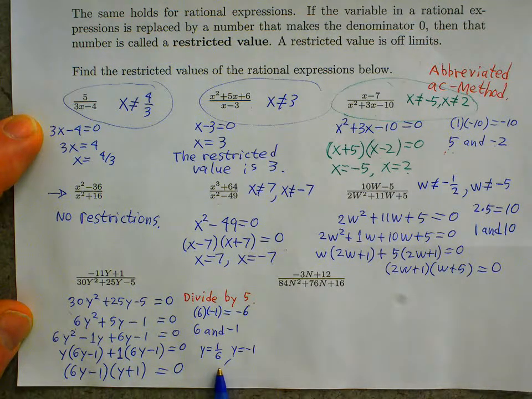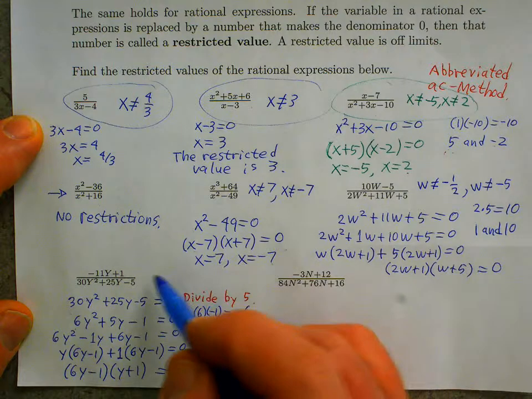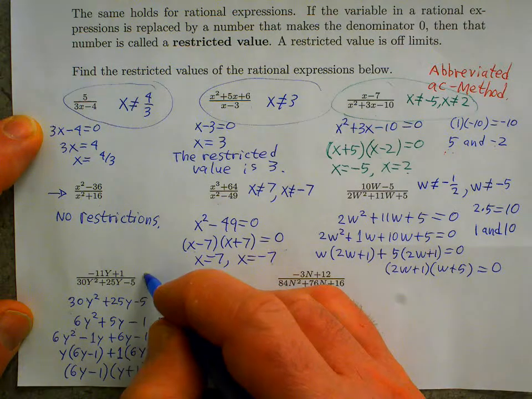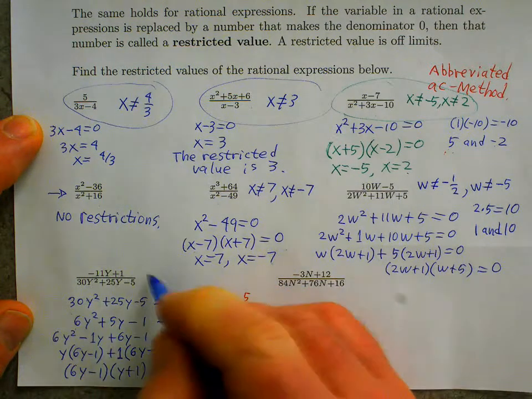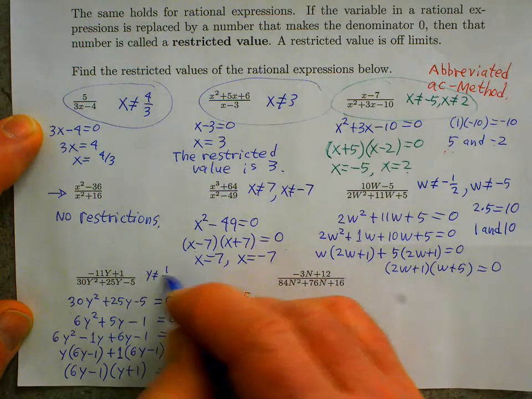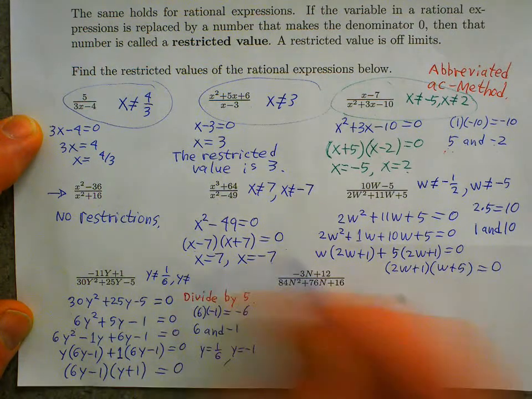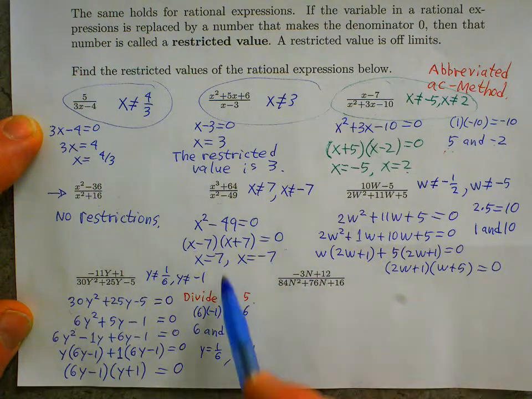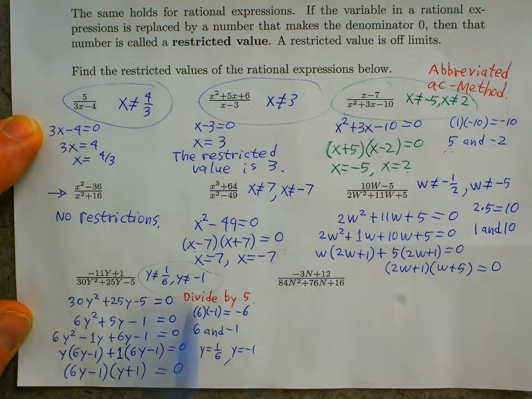So the restricted values are y equals 1/6 and y equals negative 1. Equivalently, we can say for this rational expression, y does not equal 1/6 and y does not equal negative 1, because those numbers make the denominator 0, but division by 0 is undefined.